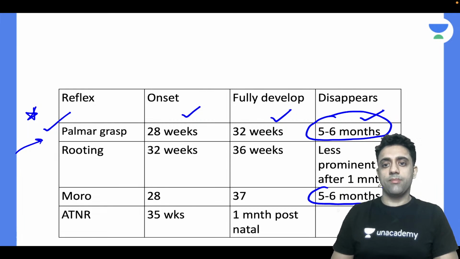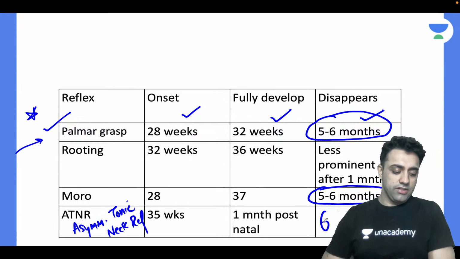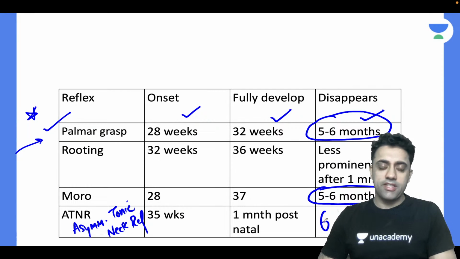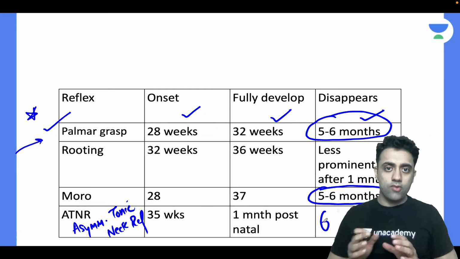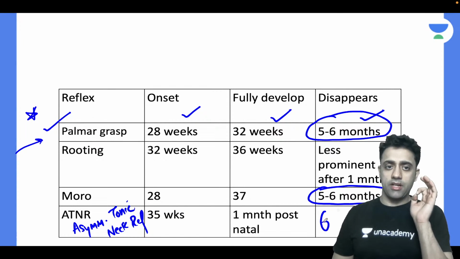Moro's also disappears by 6 months. And there is something known as ATNR, the asymmetric tonic neck reflex, which also disappears by 6 months. So some of the important reflexes disappear by 6 months. The first video question we have already covered, that was palmar grasp.